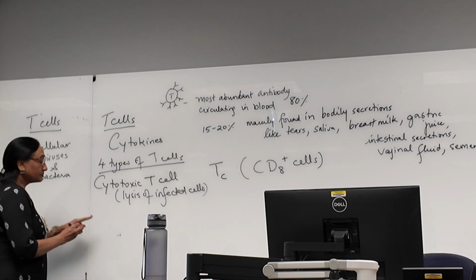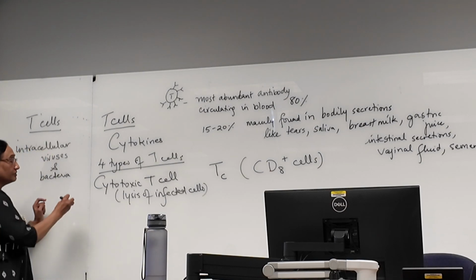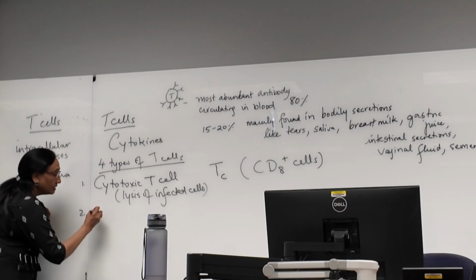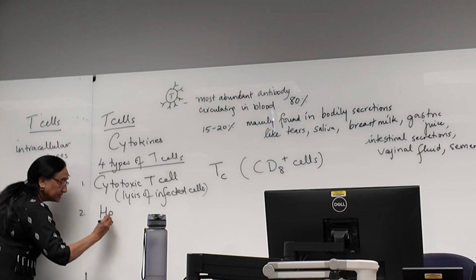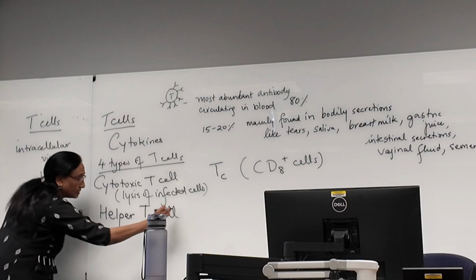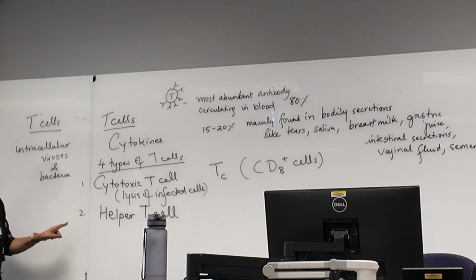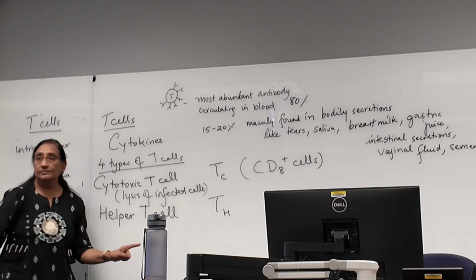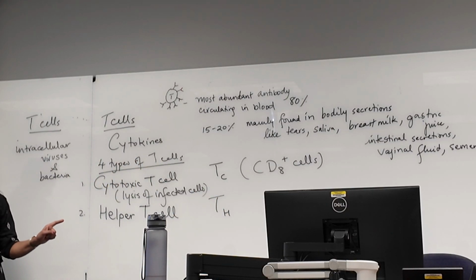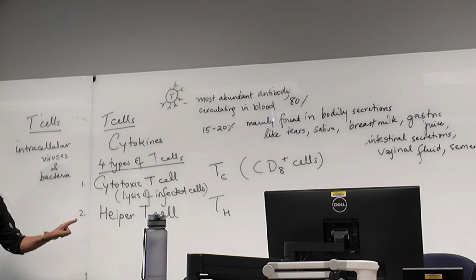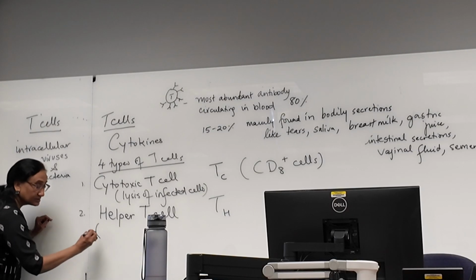Okay. The second type of T cell is the helper T cell. We usually write it as TH, T helper cells. Now, the role of helper T cells, we are going to look at this.